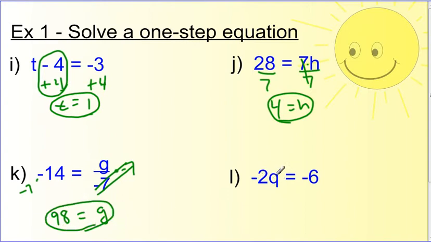Lastly, my variable q is being multiplied by a negative 2, so I divide by a negative 2. These cancel, and q equals a positive, divided by 2 is 3. And that would be done. Okay?